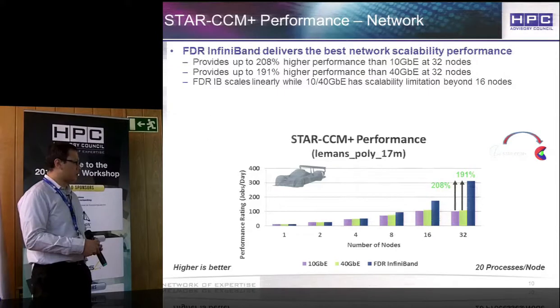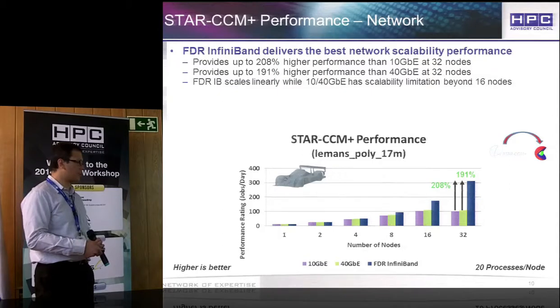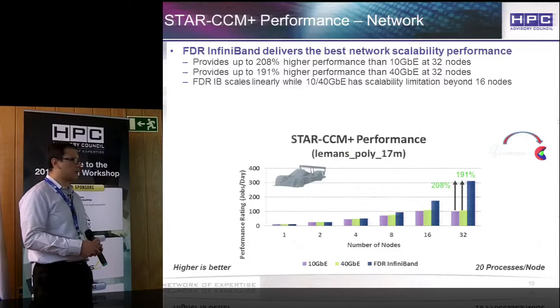From one node and two nodes, you have 20 cores per node running. By the time you get to 32 nodes, you have 640 CPU cores running, so the amount of traffic generated by the CPU cores gets larger as the number of nodes grows. The benefit of using InfiniBand is that it reduces the amount of network overhead, so as you scale out, you are able to maintain scalability. It will continue to scale.